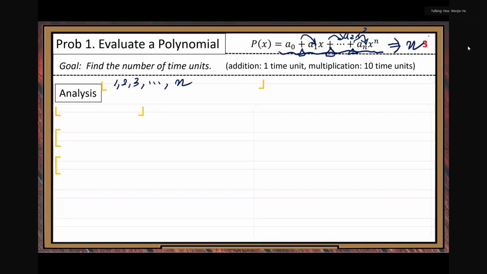We use a counting technique. It's called counting by reference. Because when you do counting, you count certain objects, right? Here, we count the number of plus signs. How to get the number of additions?